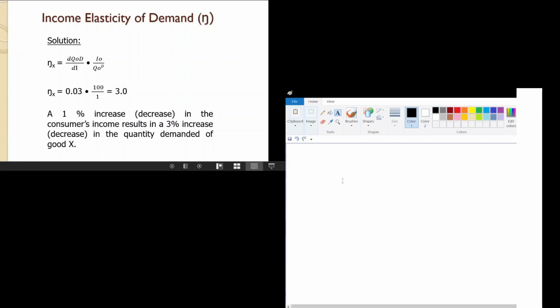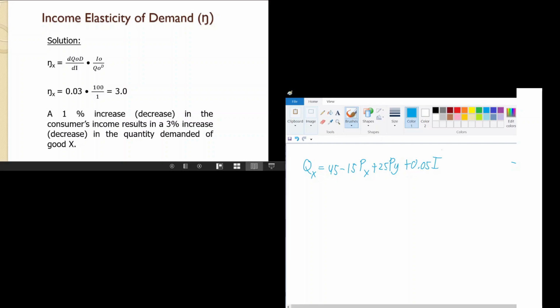Okay, so for example, yung given naman natin is, wait lang. Okay, so for example, yung given natin, is Qx equals 45 minus 15px plus 25py plus 0.05i.